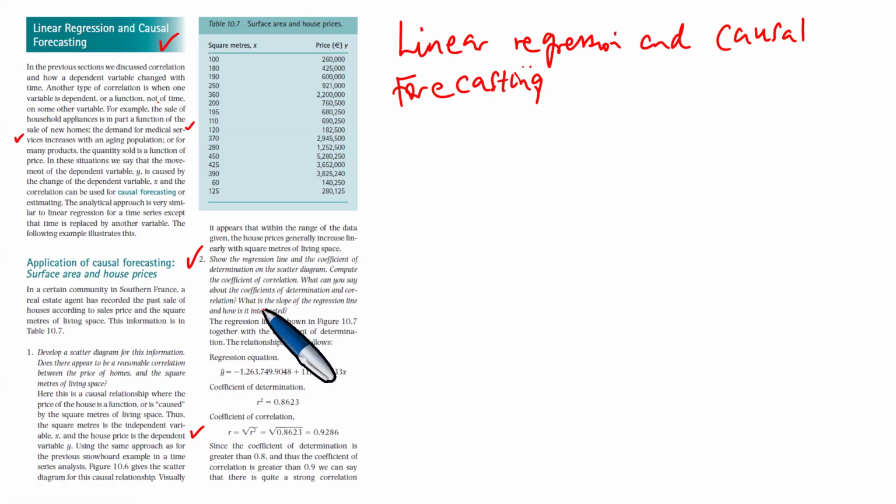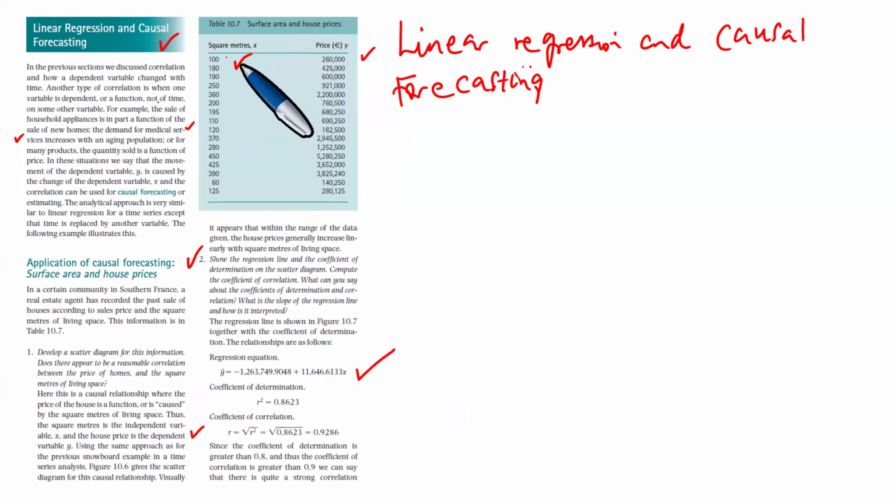The regression line is shown in figure 10.7, together with the coefficient of determination. The relationships are as follows. This is the regression equation for the square meters and the price, the surface area and house prices.